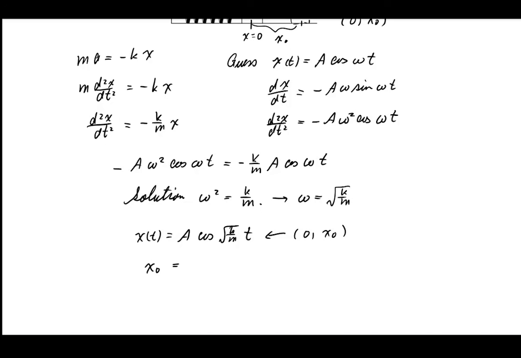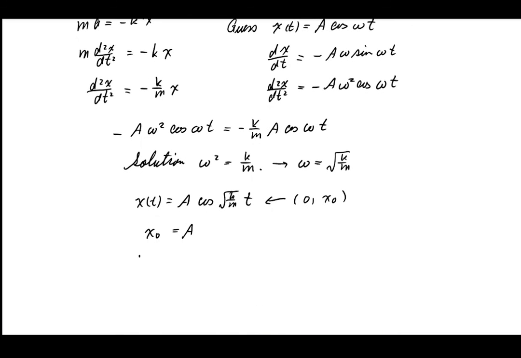And once you plug in 0 for t, cosine 0 is equal to 1. So that's our a value. So finally, that gives us our x, as a function of t, is equal to the initial displacement, x naught, times cosine of the square root of k over m t. How about that?